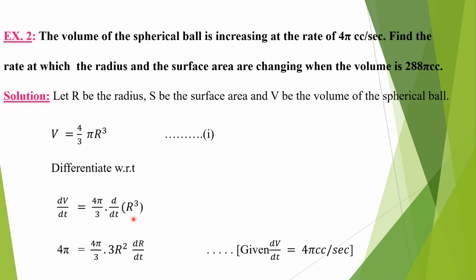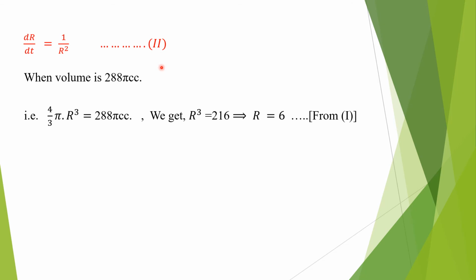Using the formula for the derivative of x raised to n, it is 3r square. R is again a function, therefore multiply by its derivative dr by dt. Therefore dr by dt equal to 1 divided by r square, simplifying, denoted by equation second.